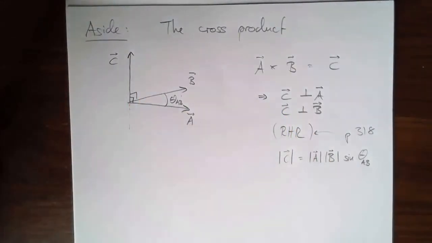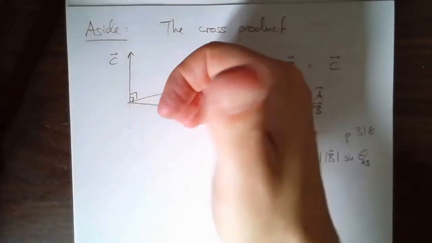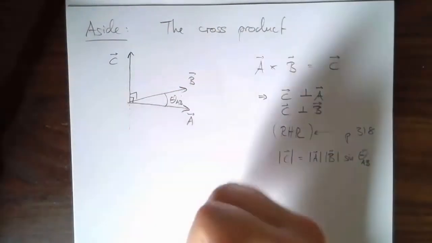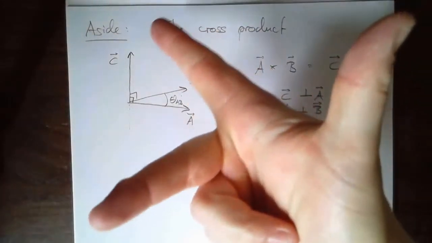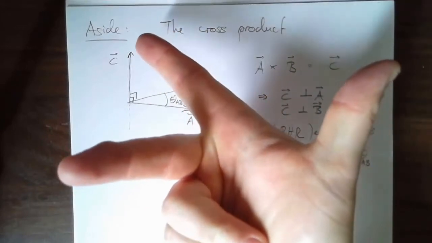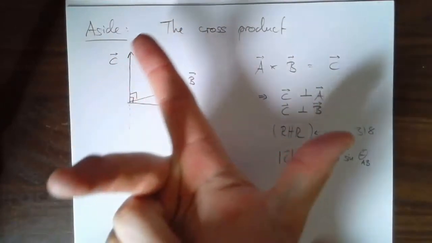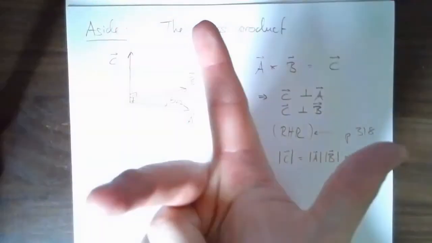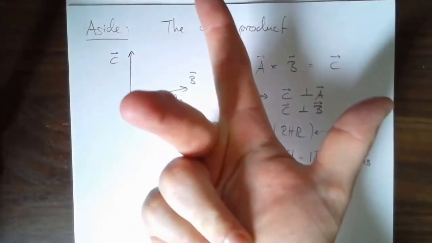The way to determine this is by another right-hand rule. So we had this right-hand rule for the rotation. Now we're going to have a right-hand rule like this, where we actually hold our right hand like this. I'm going to say A, B, and then C is my middle finger.